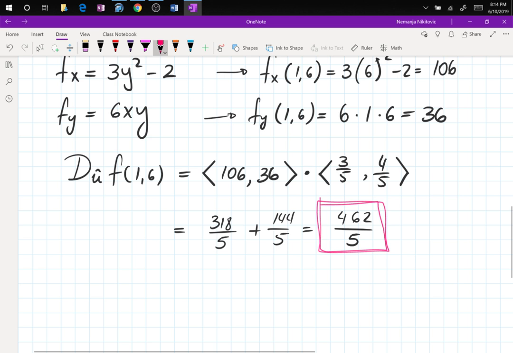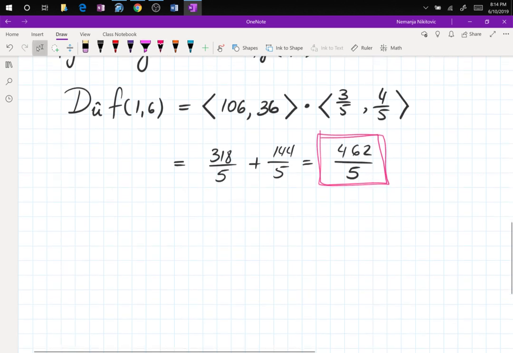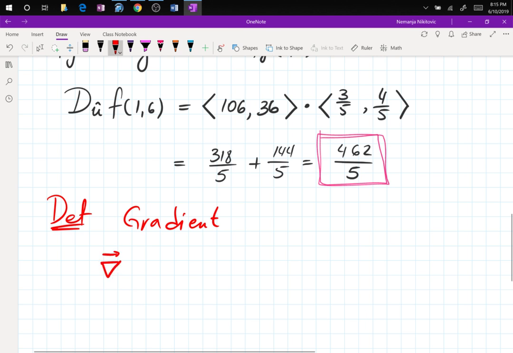But yes, before we give the meaning and actually reinforce what you asked, we're going to quickly define the gradient because we already used it. We're just going to give it a name now. So this is the definition of the gradient. The gradient of f of xy is simply the vector of partial derivatives.